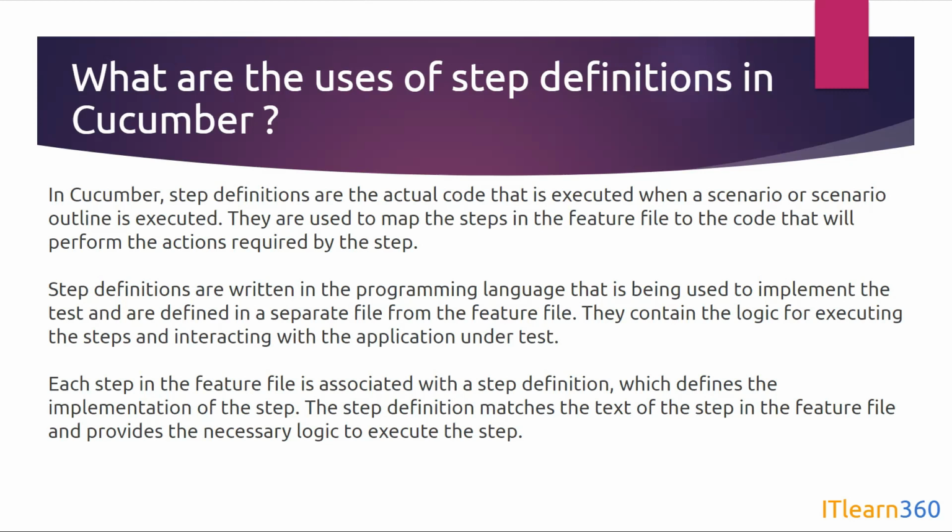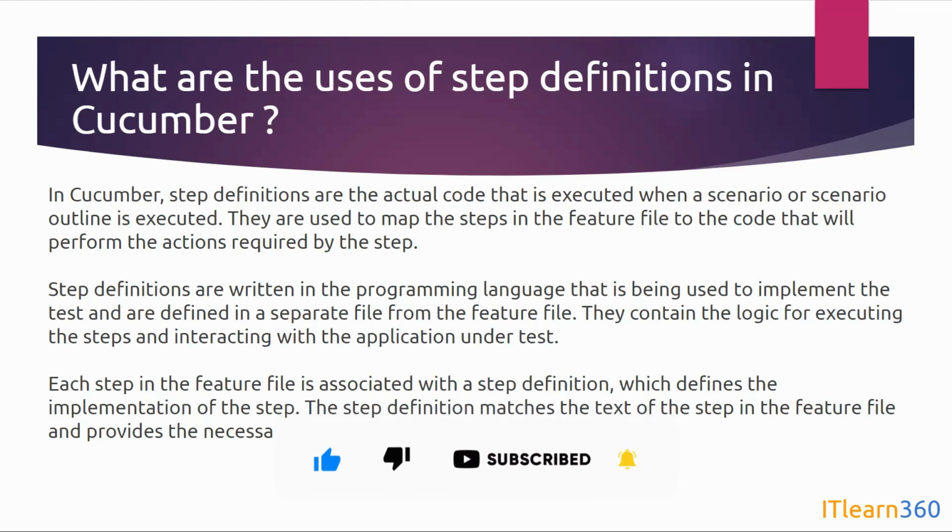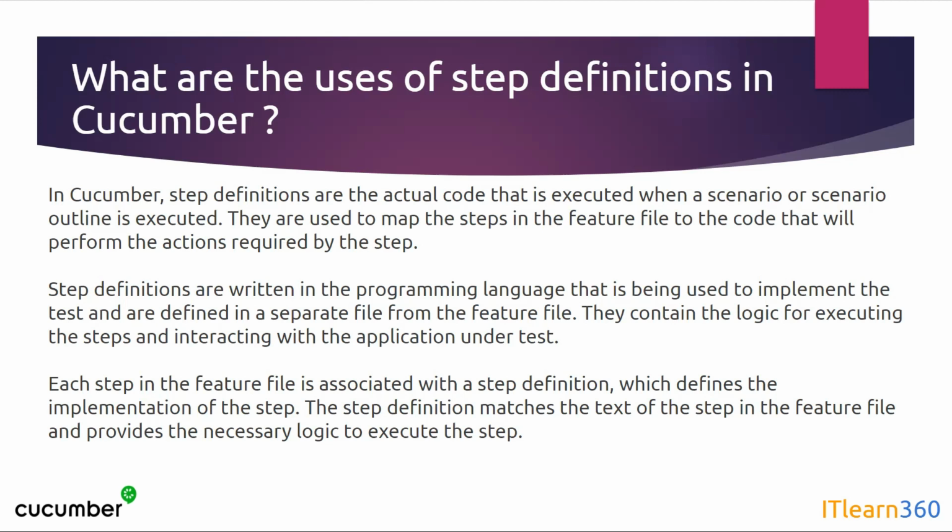So in Cucumber, step definitions are the actual code that's executed when a scenario or scenario outline is executed. If you're familiar with Cucumber, then you know that the feature file generates scenarios, generates steps, generates methods, and we write the code in those methods. We put the code in those methods, and that makes the complete execution happen in Cucumber.